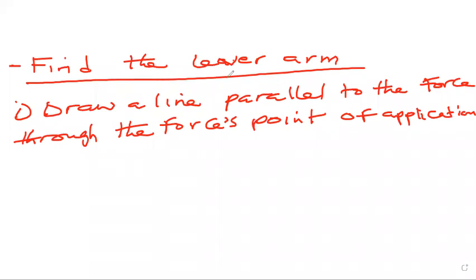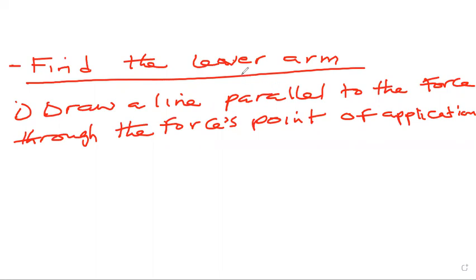For us to get our torque, the force and the distance have to be perpendicular to each other. That's how we defined the torque. So in a case where the distance is not perpendicular to the force, how do we find our torque? We came up to the idea of the lever arm.